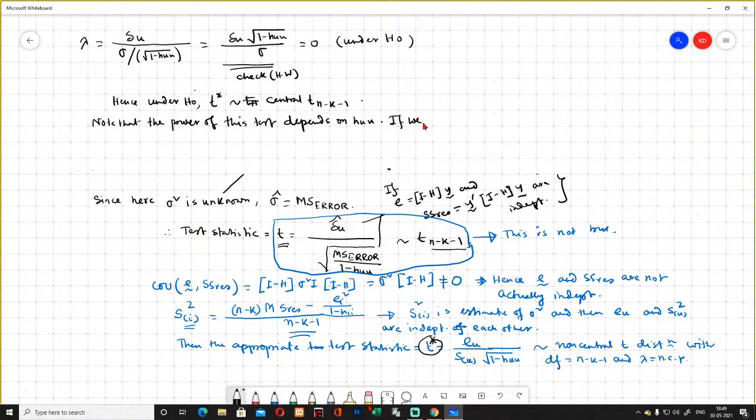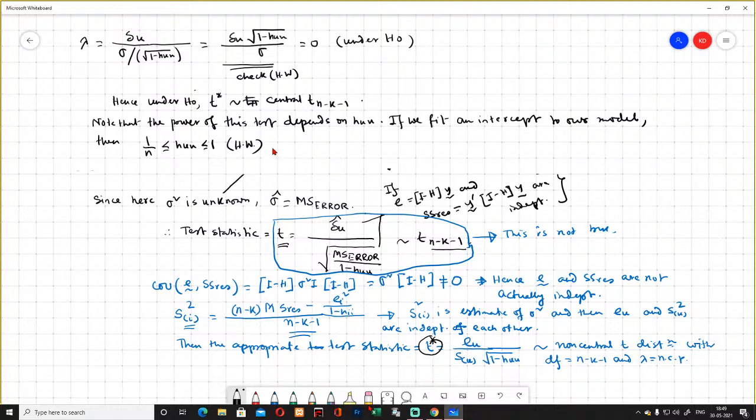If we fit an intercept to our model, then the diagonal element of the hat matrix lies between this. So please check, this is your homework. The diagonal element of the hat matrix lies between 1/n and 1.